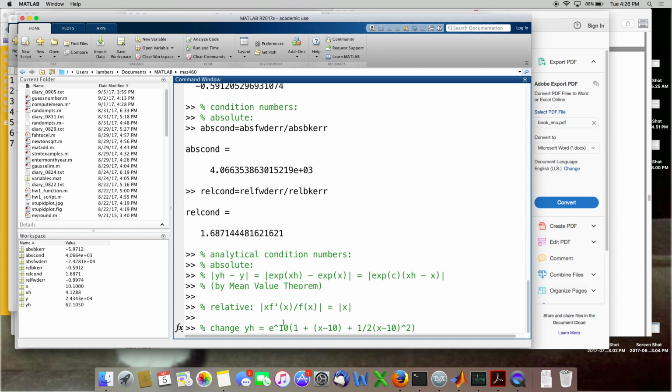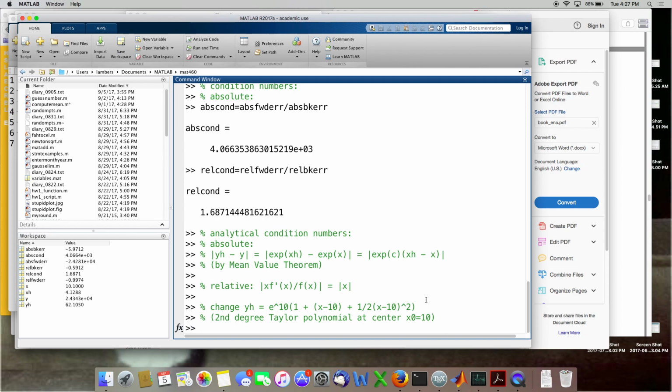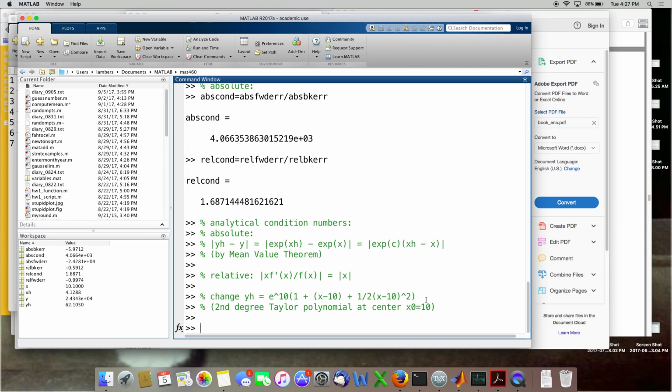So if I work out the Taylor series at the center equal to 10, this is what I get. This is the second degree Taylor polynomial at the center. I'll call the center x naught equal to 10. Since my value of x at 10.1 is near the center in this case, I should have a much more accurate approximation. So now I can try that.